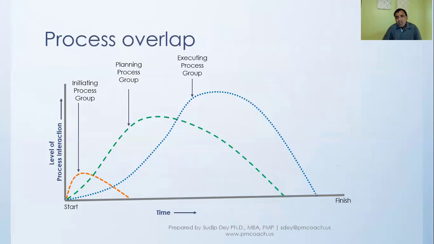Now, having said that, what we are really trying to emphasize here is there is an overlap of processes or activities in processes in different process groups.